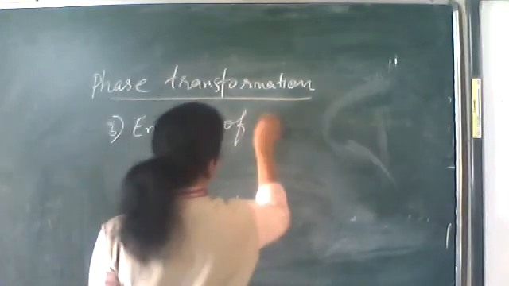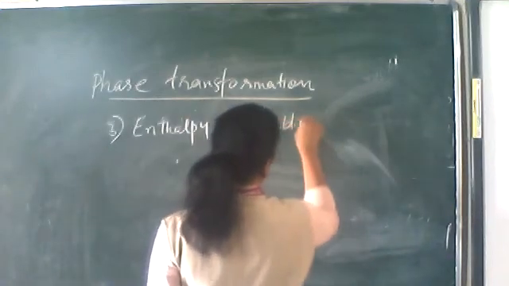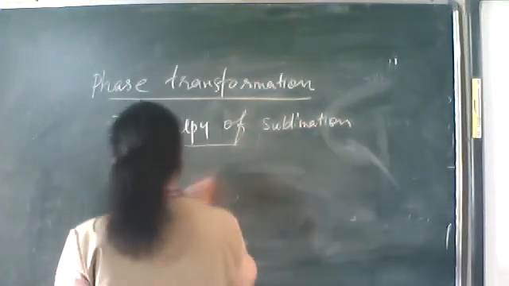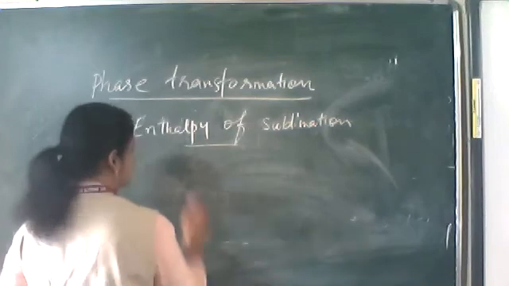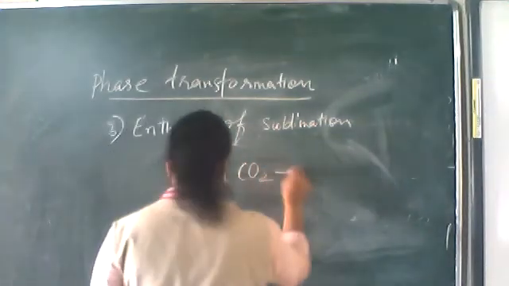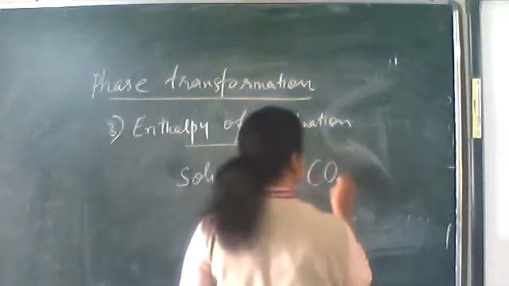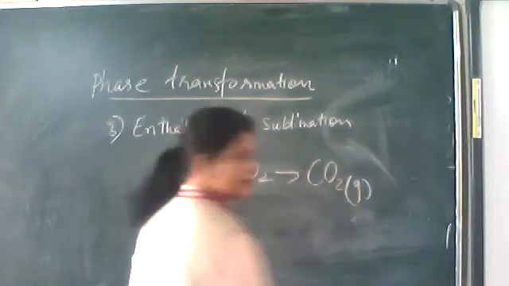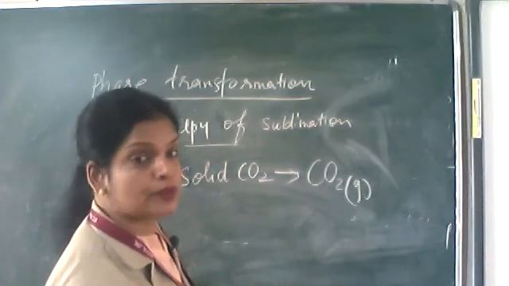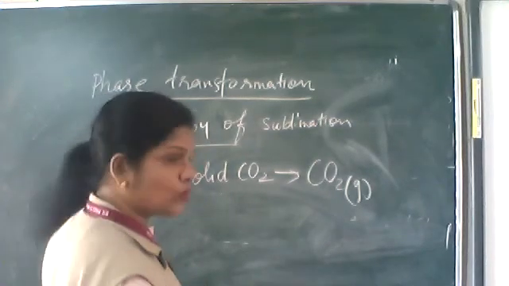Enthalpy of sublimation. For example, solid carbon dioxide changes to carbon dioxide gas. 25.2 kilojoules per mole is required for this.